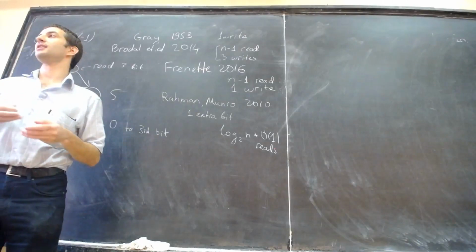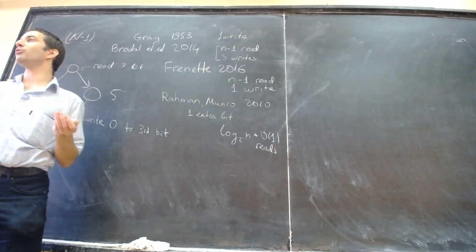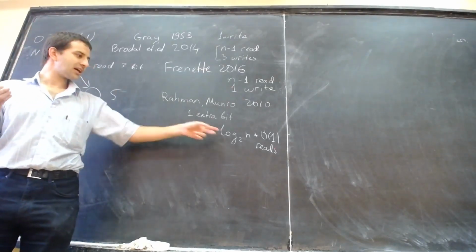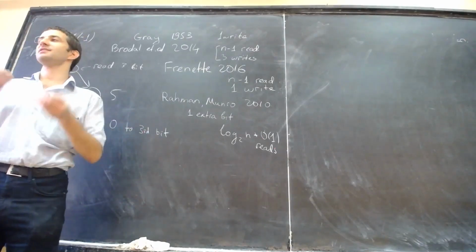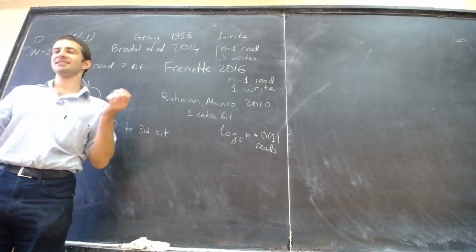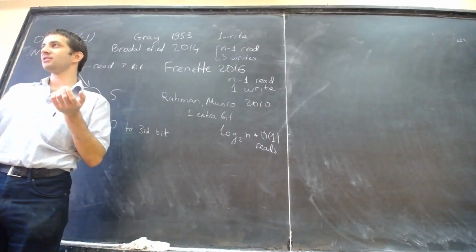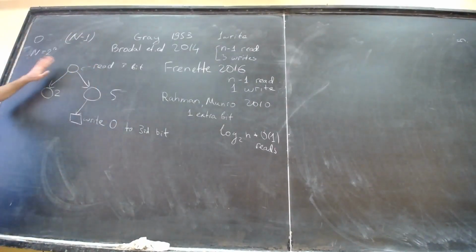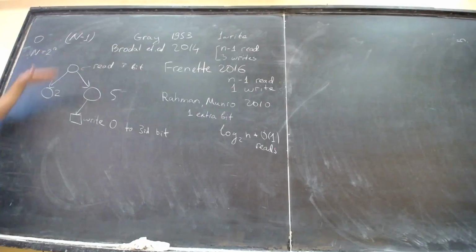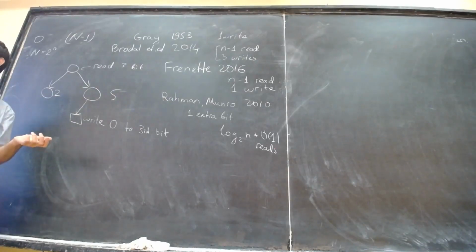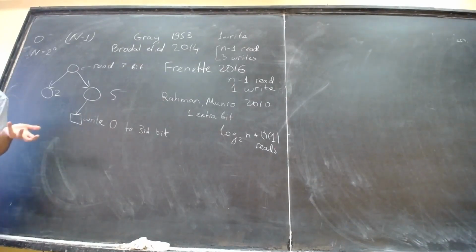So is there a lower bound? Well, of course, there is a logarithmic lower bound in the sense that if you read less than a logarithmic number of bits per increment, that means that the entire decision tree has less than logarithmic height, and then it has width less than n, and then it means that we cannot read some of the bits, which means that these bits are useless.